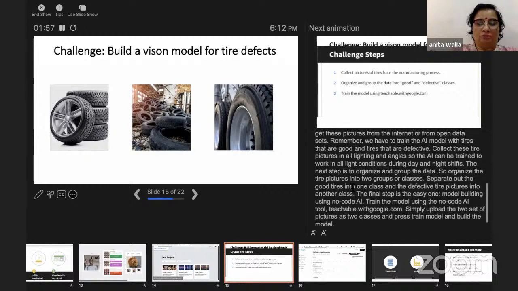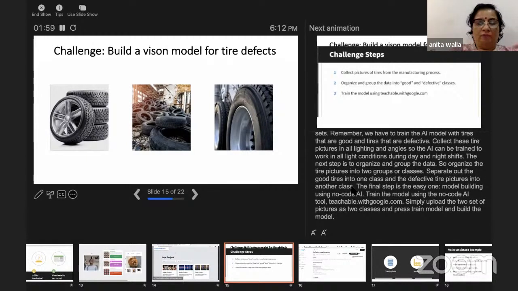And then once you have done that, you have to organize these pictures into the good tires and the defective class. So you have to make two classes, like the way I made a class dog and mob. So you have to go to Teachable Machine, upload the image data which you have taken of the tires, create a class of good and defective, and train the model to identify.